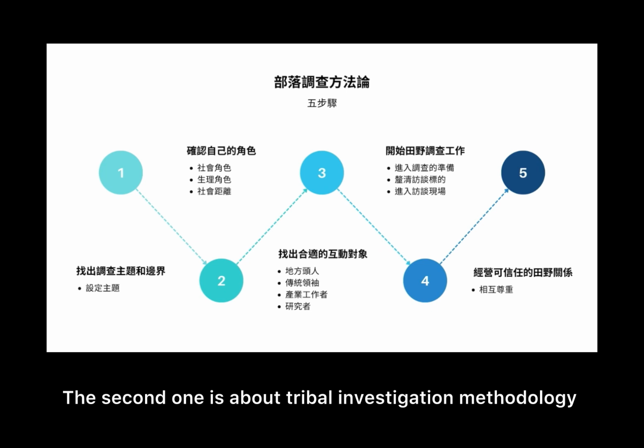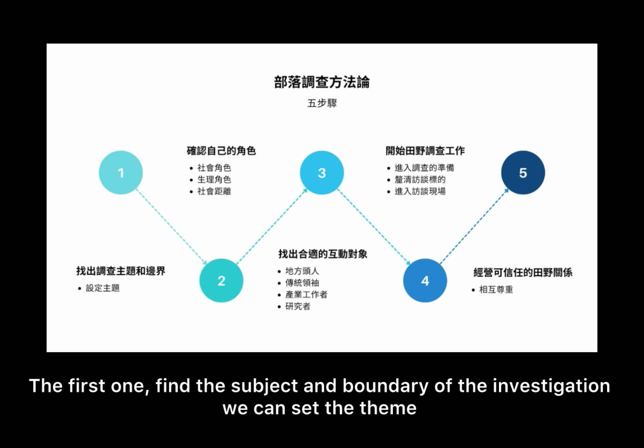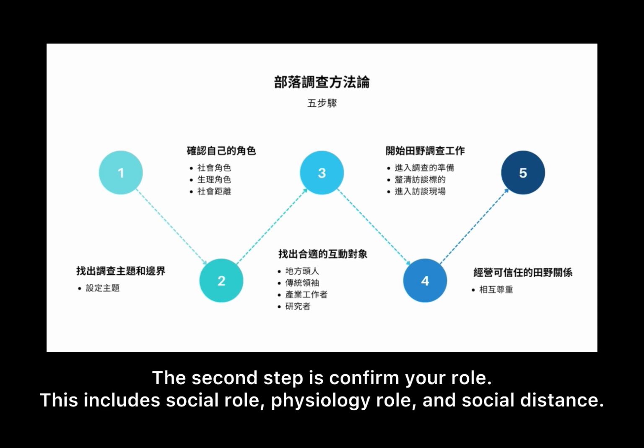The second one is about tribal investigation methodology. The first one, find the subject and boundary of the investigation. We can set the theme. The second step is confirm your role. This includes social role, physiology role, and social distance.